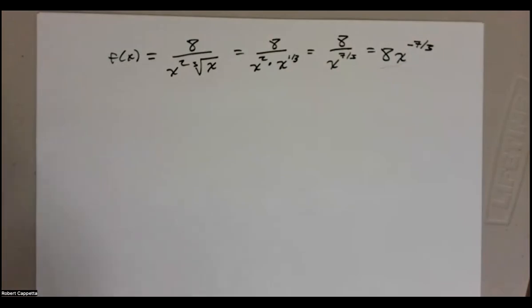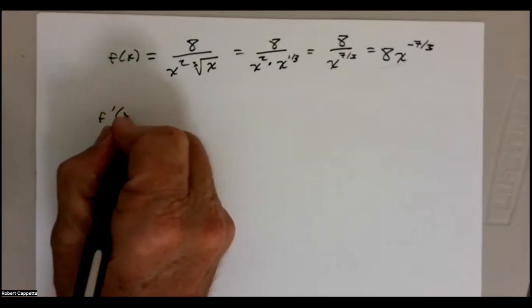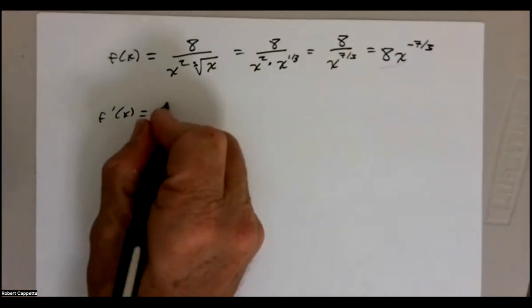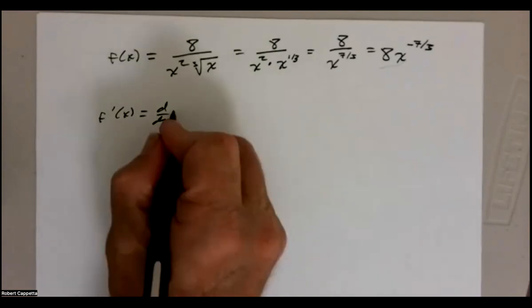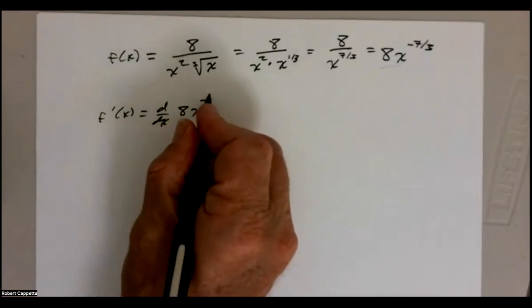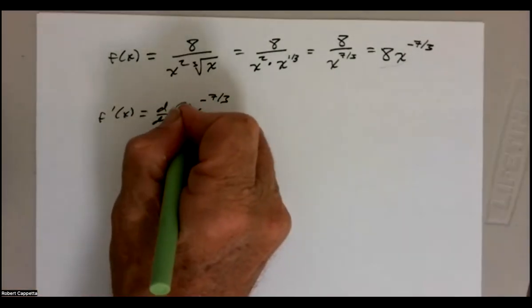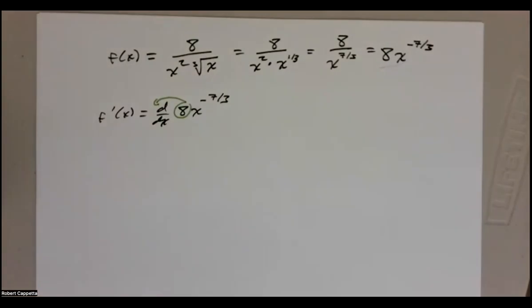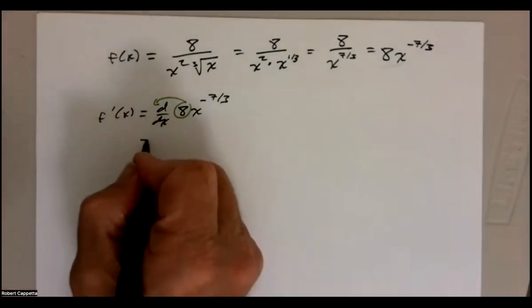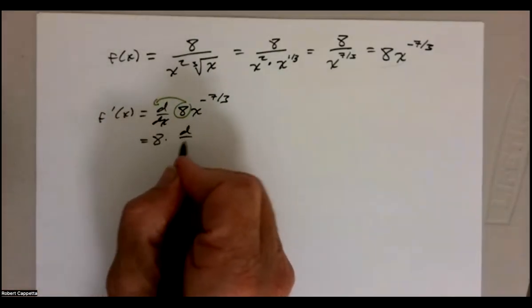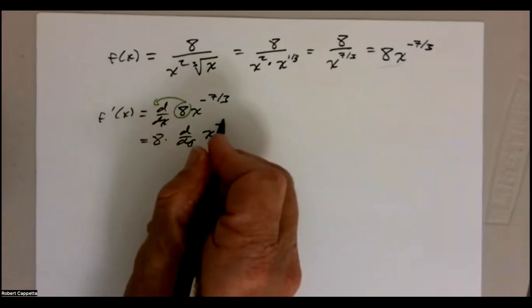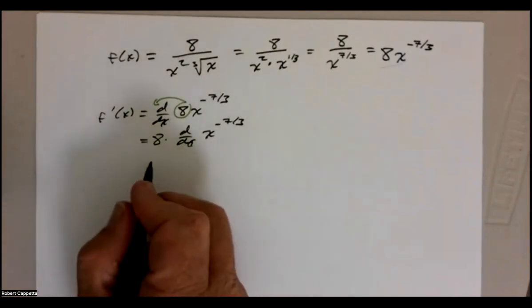And then in terms of taking the derivative, f prime of x is the derivative with respect to x of 8x to the negative 7/3. We'll pull the 8 out in front of this thing, and then I get 8 times the derivative with respect to x of x to the negative 7/3.